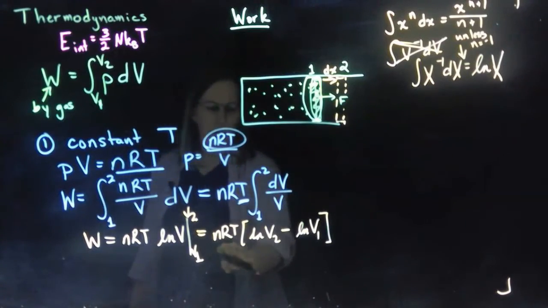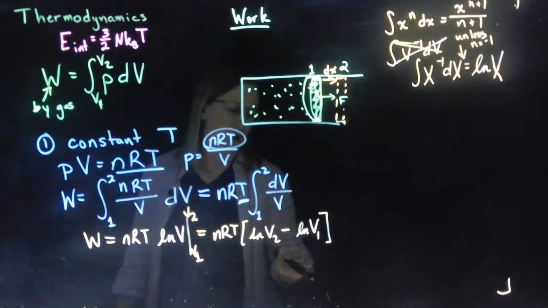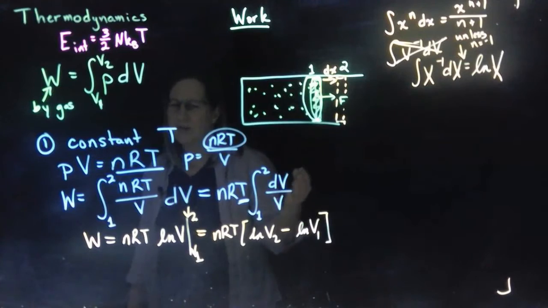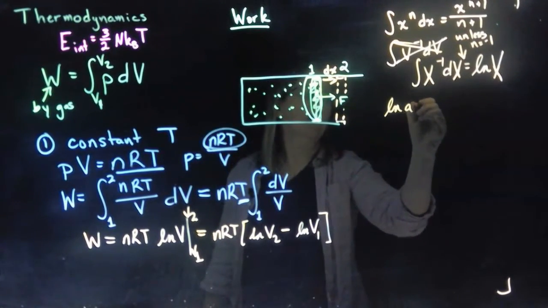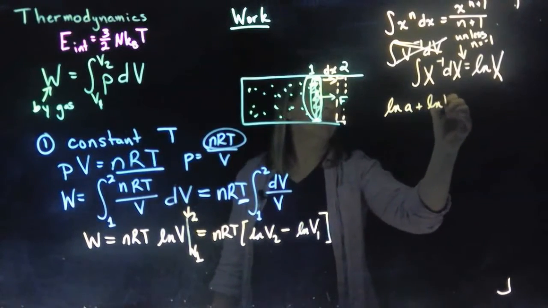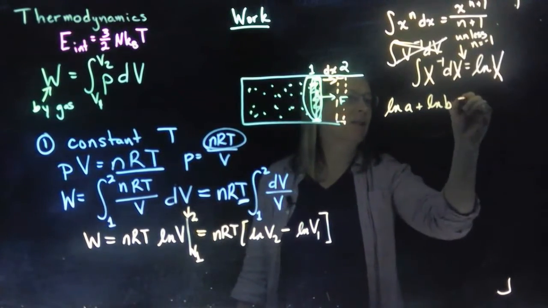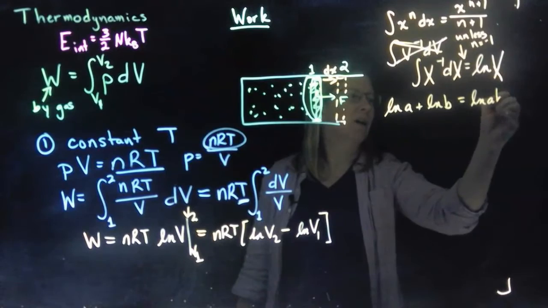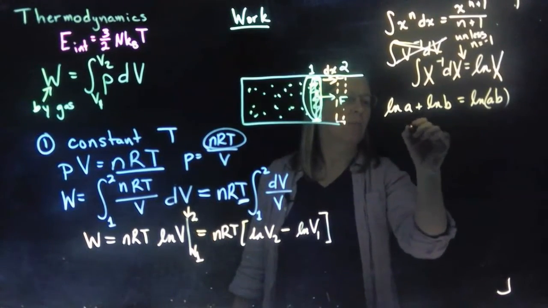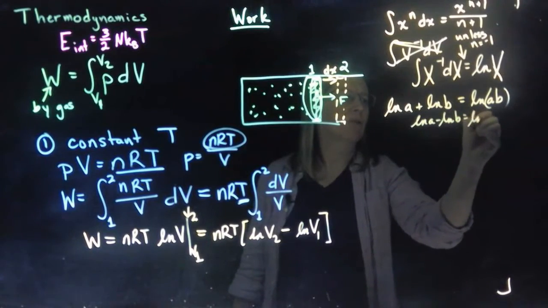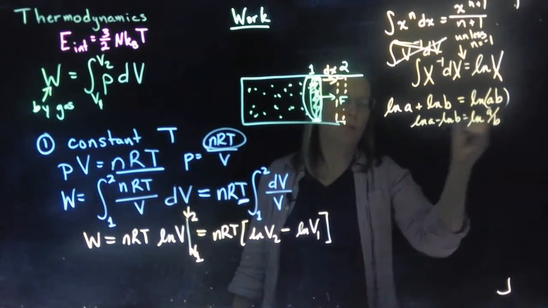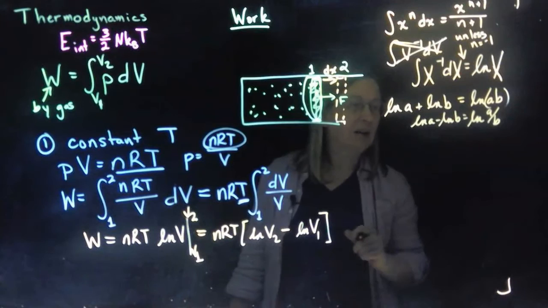Now I can further simplify this. Another mathematical rule, this is a lot of math, is that natural log of A plus natural log of B, you may remember this, is equal to natural log of A times B, right? Natural log of A minus natural log of B is natural log of A over B. I hope that's looking vaguely familiar.